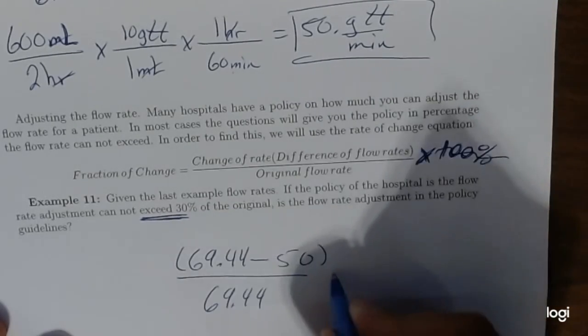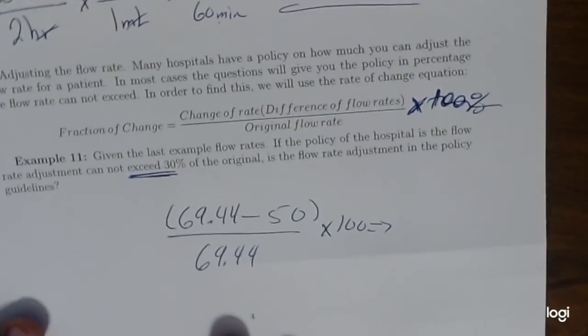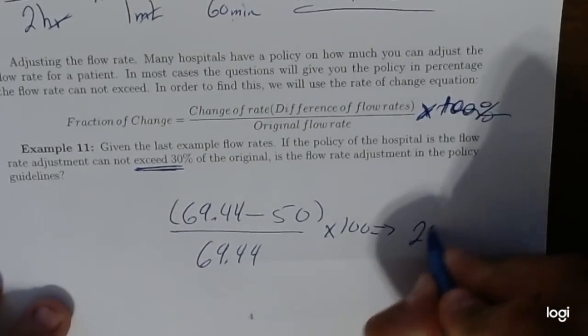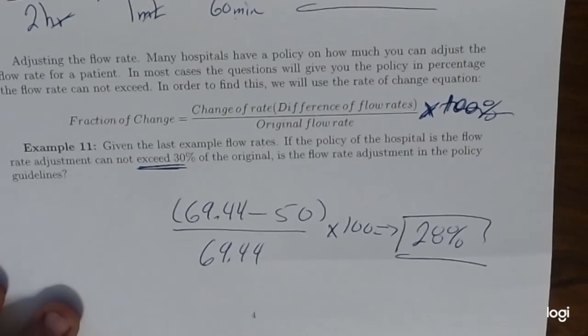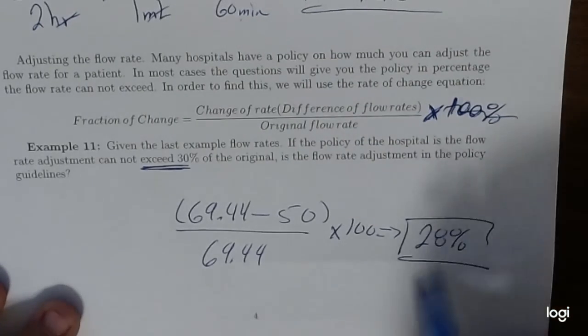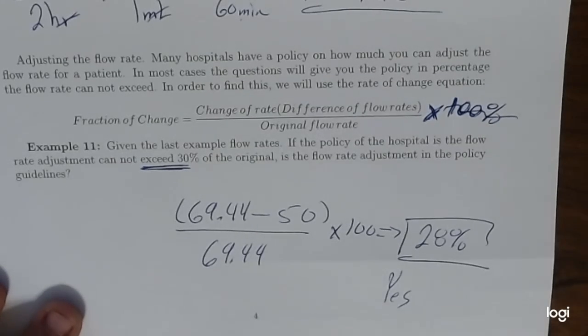First subtract, then divide, then times it by 100. And once we do this, we should get approximately 28%. So is it in the guidelines? Yes, right? So it's less than 30%, so it's a yes.